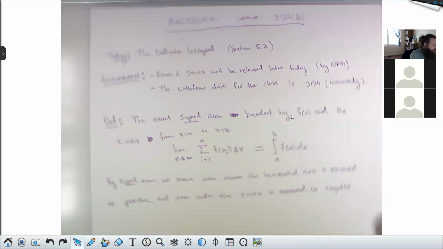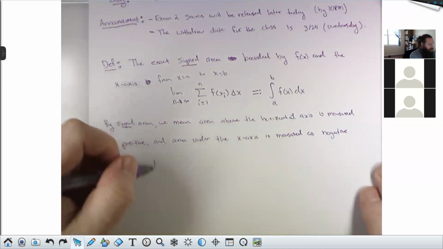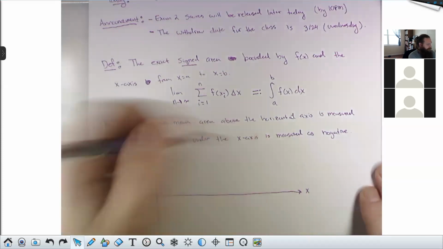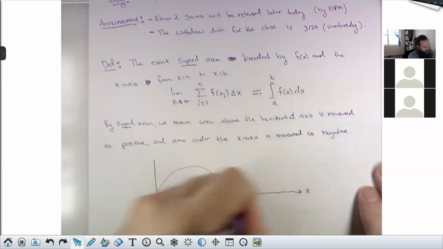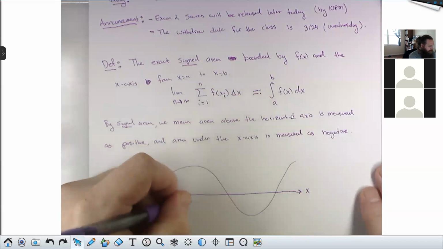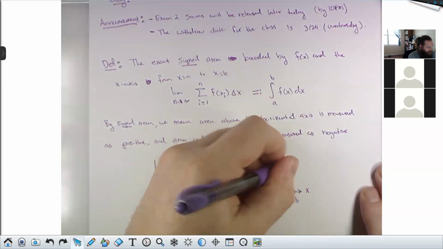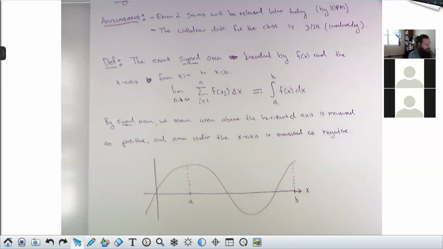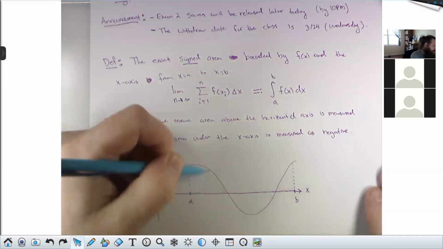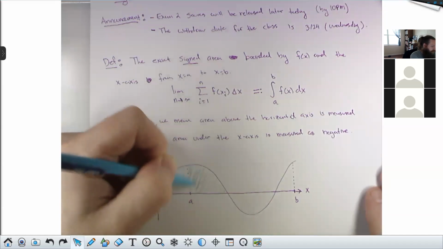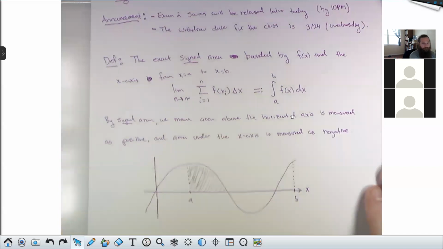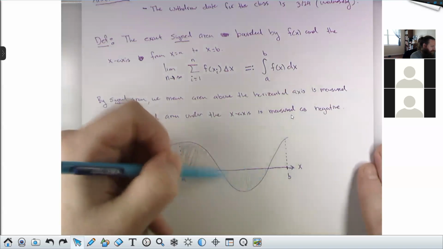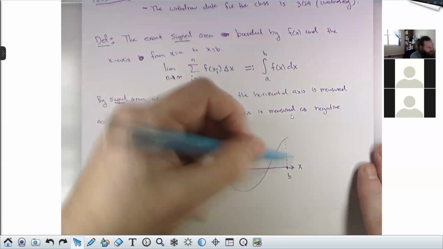So if I was looking at the integral from a to b of a function that is sometimes positive above the x-axis and other times negative below the x-axis on that interval, maybe I'm looking at something like this. Maybe a is here and maybe b is over here. Then I can think about this as having separate regions. Certainly there's some area up here, some area down here, and some area over here.